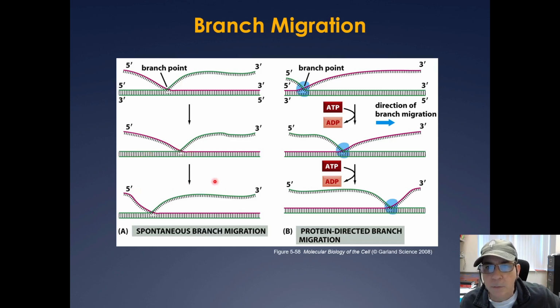In the case with RAD51 and RAD52 and some proteins I'm going to show you in a little bit, you get branch migration, and it's directional. So you can control the amount of heteroduplex DNA that happens in this whole process. You want protein-directed branch migration, so you have a substantial amount of heteroduplex DNA.